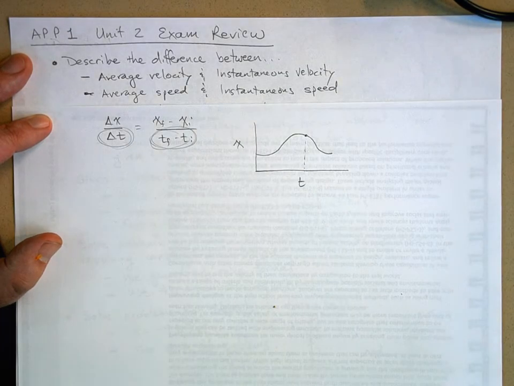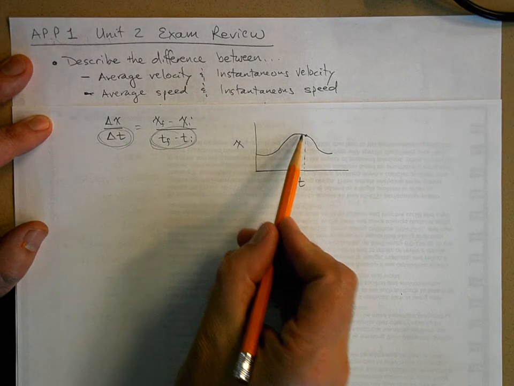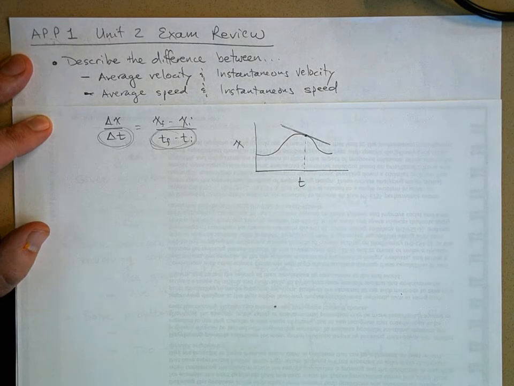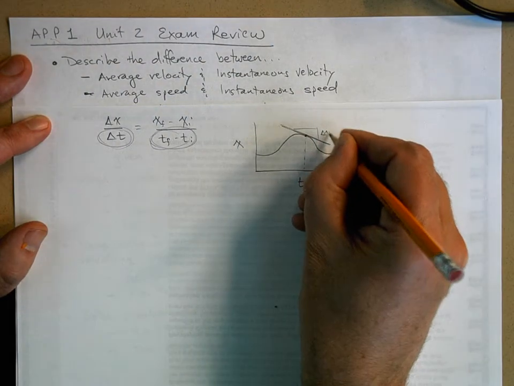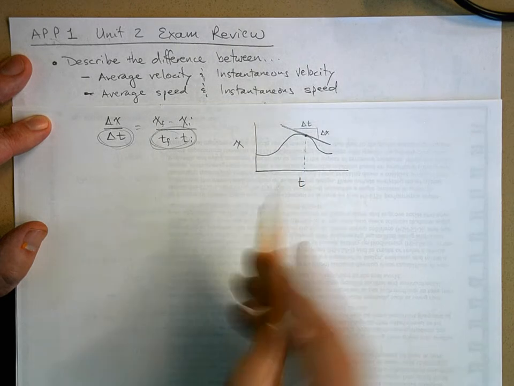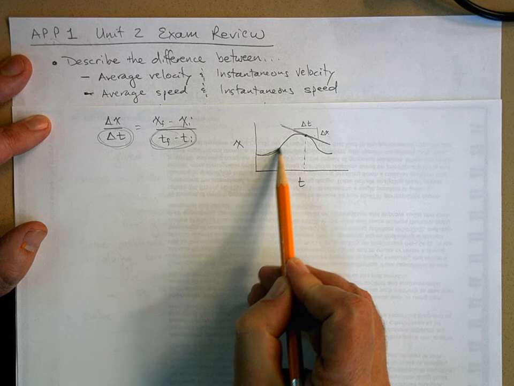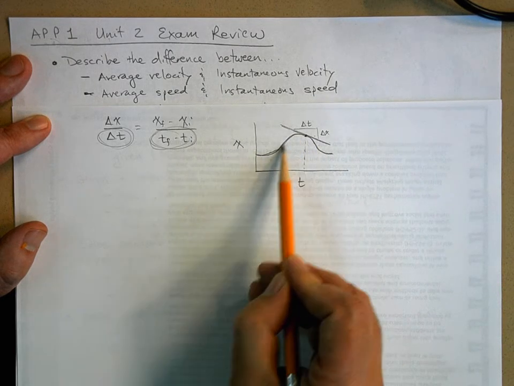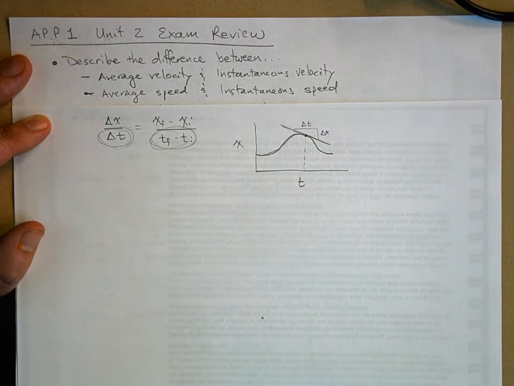How would I find the velocity at that time? Well, you take the slope of a tangent. You draw a tangent line, and you figure out what is the slope of that tangent line. So you take a delta x over delta t, but instead of the delta x over delta t being on the actual graph, it's on the tangent line. It's the slope of the tangent line. And that'll be how fast you're going at that instant in time.